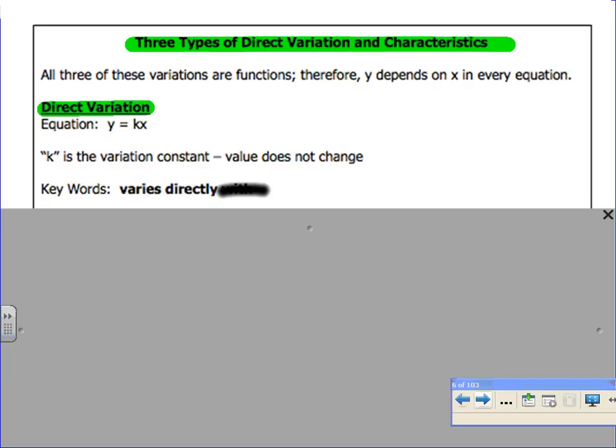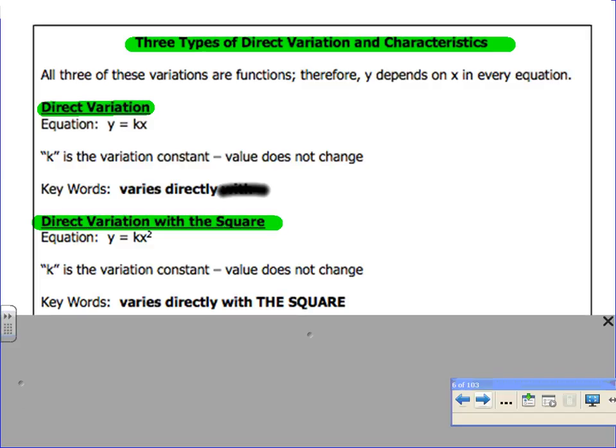Keywords, you'll see varies directly. Usually you'll see y varies directly with x. But I just put on there varies directly because they could have some different things added before and after. But basically, varies directly. And I'll show you, hopefully, a word problem with that today, so you'll see what I mean.